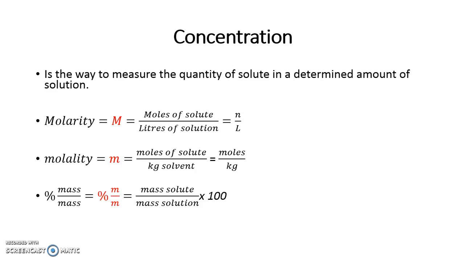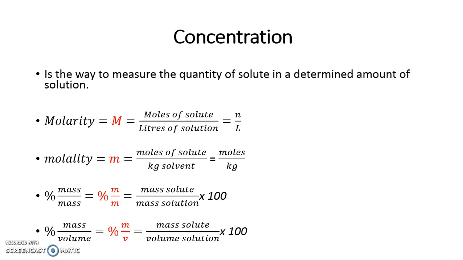We can also have percentage by mass, that is just mass of solid over mass of solution multiplied by 100. In both cases, the units have to be the same. So if we are working with grams of solute, we have to work with grams of solute over grams of solution, or kilograms of solute over kilograms of solution.